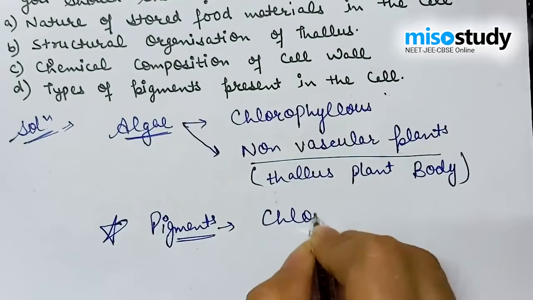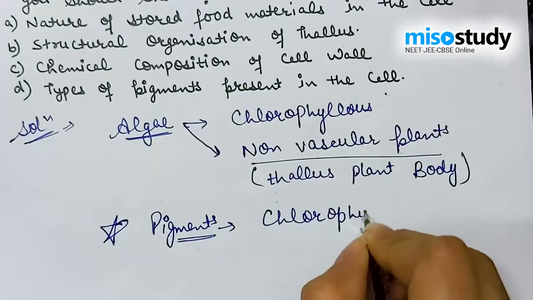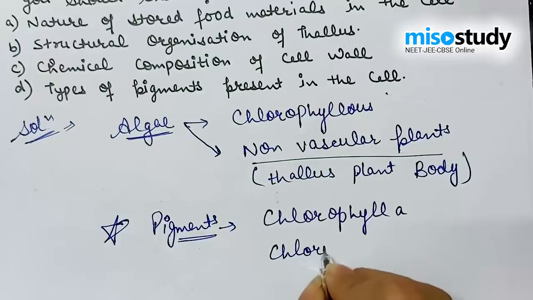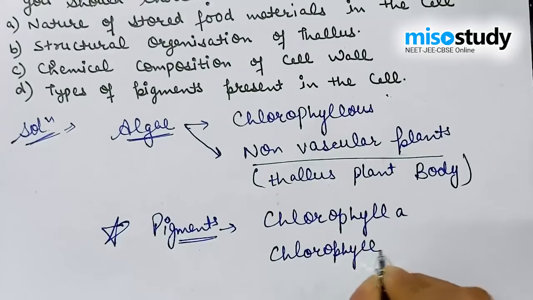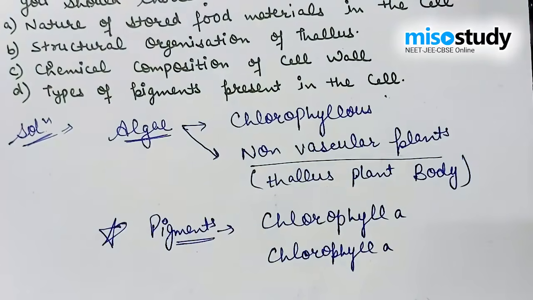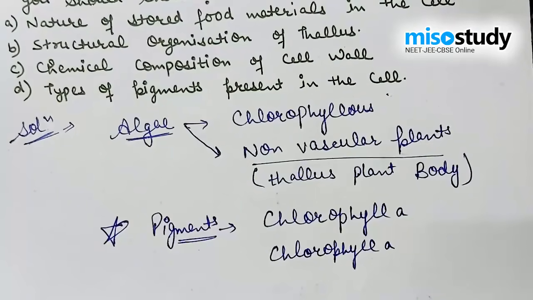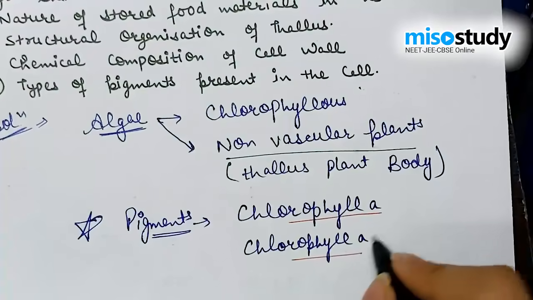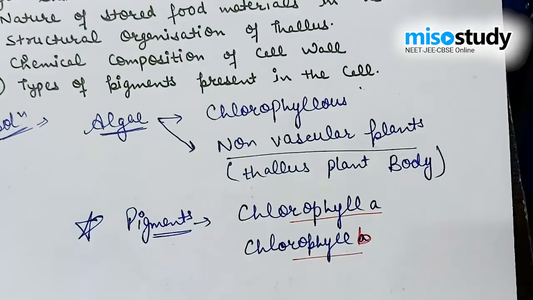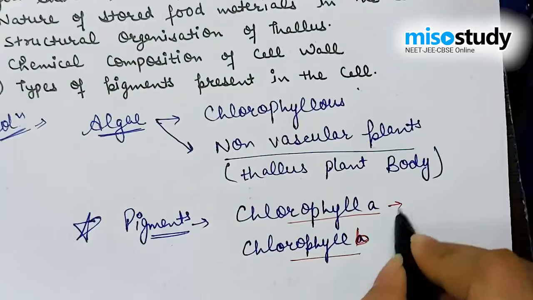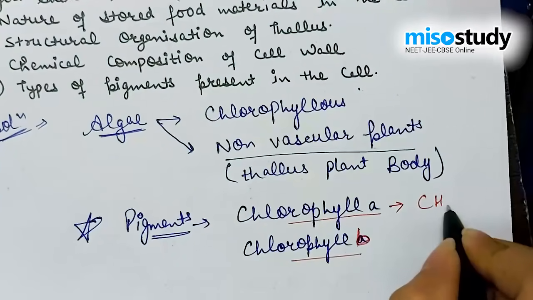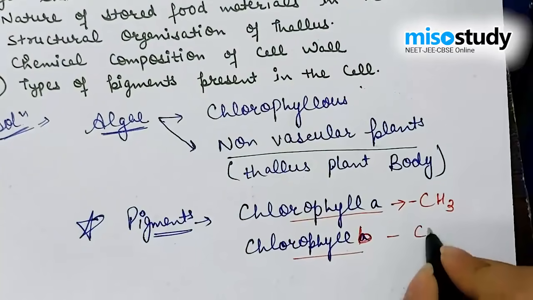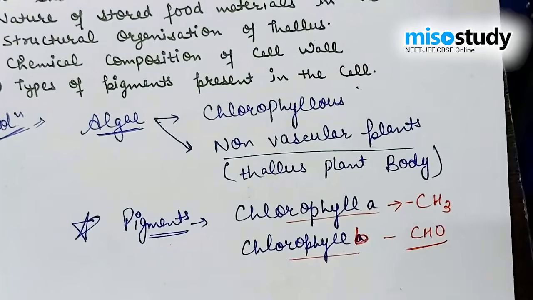There is a presence of chlorophyll A, chlorophyll B. As we all know the structure of the chlorophyll as we did in photosynthesis as well, in chlorophyll A at the position R there is a presence of a methyl group, and in chlorophyll B there is a presence of an aldehyde group.